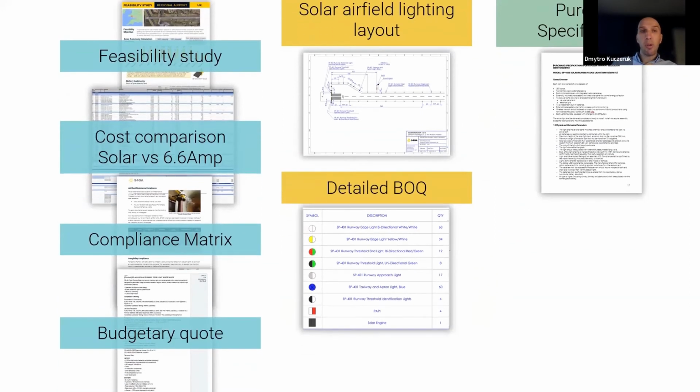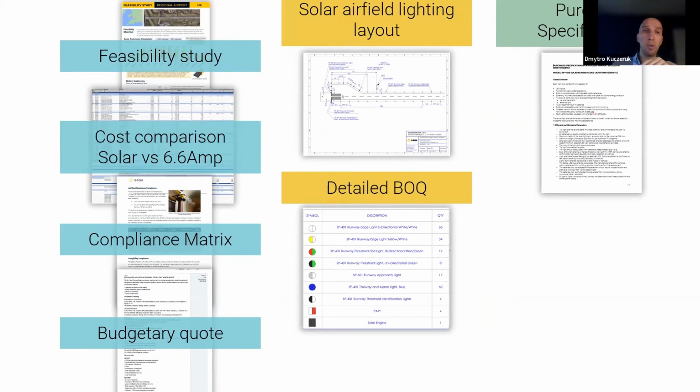And sometimes we also provide a compliance matrix. This is the document that describes how the S4GA system is compliant with local regulations. So there is actually the list of all local requirements, aligned with the certificates that S4GA can provide to the local civil aviation authority.